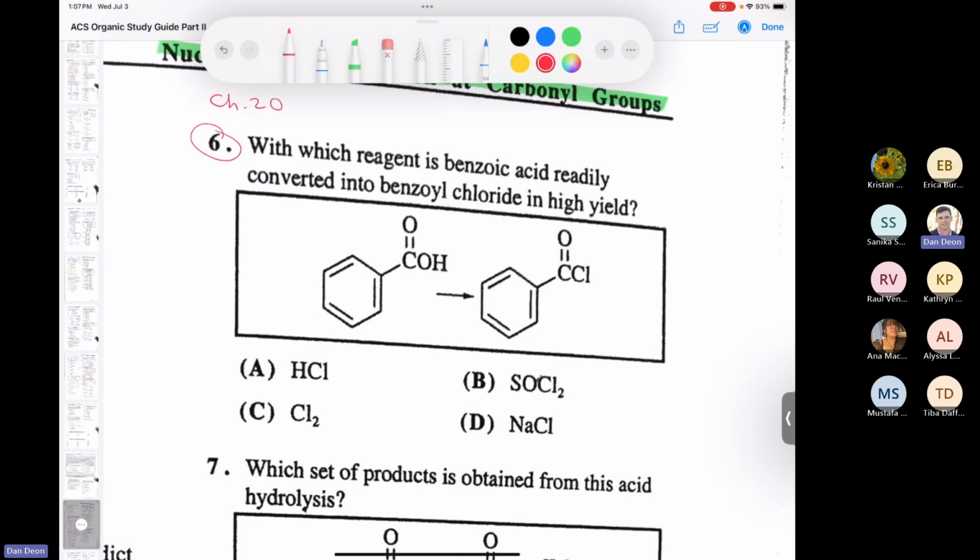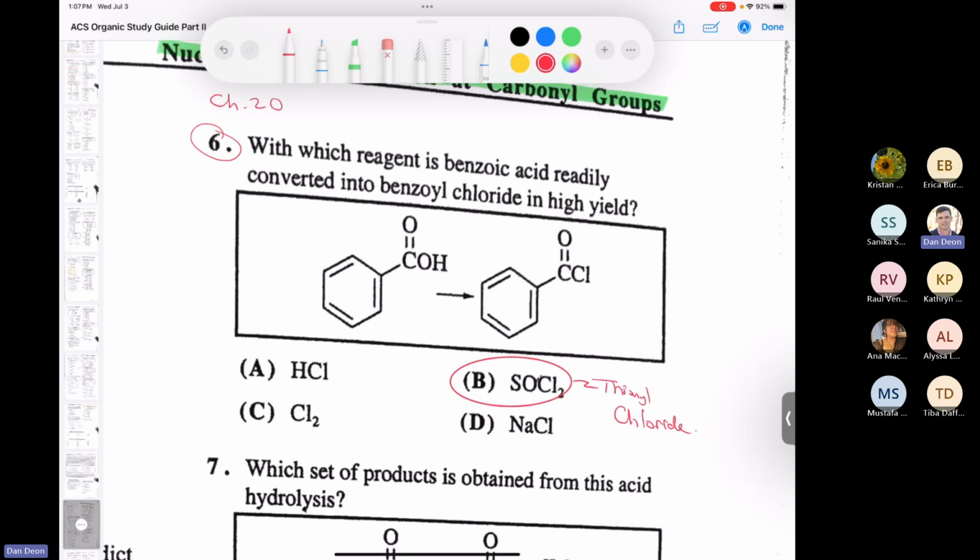But does anybody remember which one of these reagents would affect this transformation, taking a carboxylic acid and converting it to an acid chloride? Does anybody remember which one? Exactly. Thanks, Erica. It's thionyl chloride. So SOCl2, this is thionyl chloride. And again, there's a mechanism provided, but you don't need to know that mechanism.